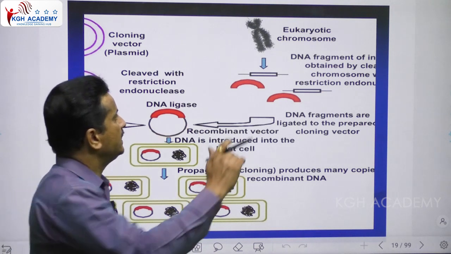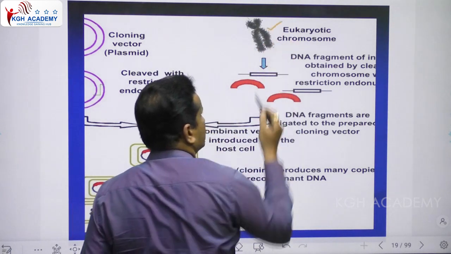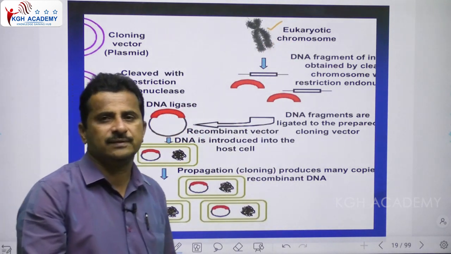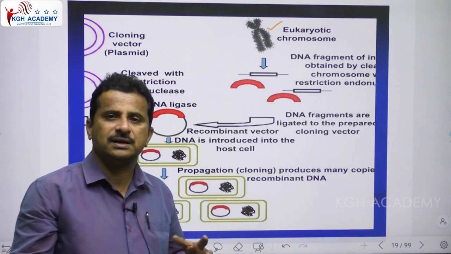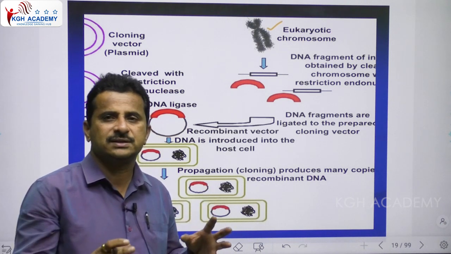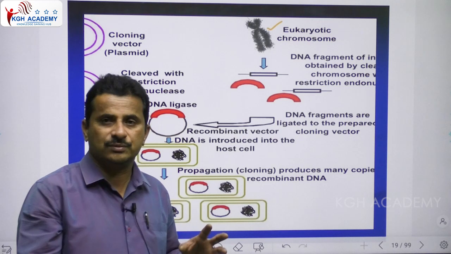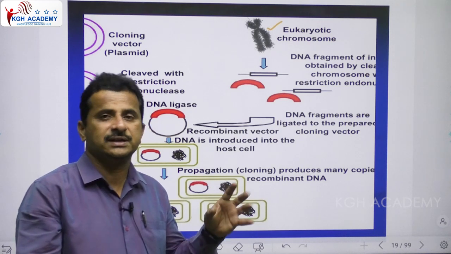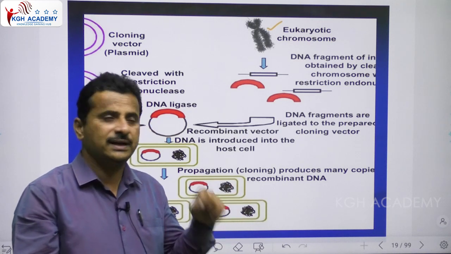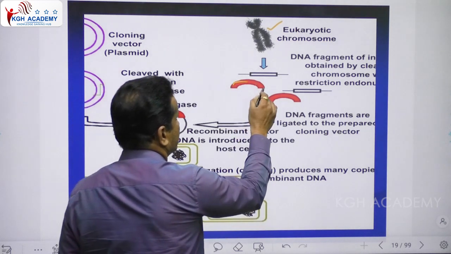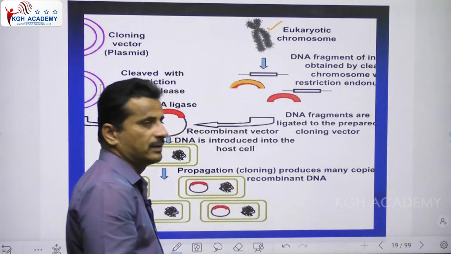See, this is the eukaryotic chromosome. Eukaryotic means organisms which contain a real nucleus. They are called the eukaryotic chromosome. Chromosomes contain DNA, so we isolate DNA from this chromosome. See, this is isolated DNA.